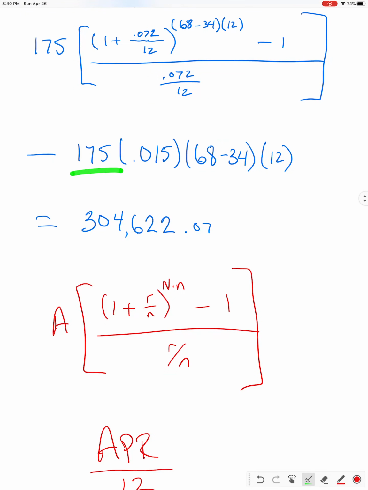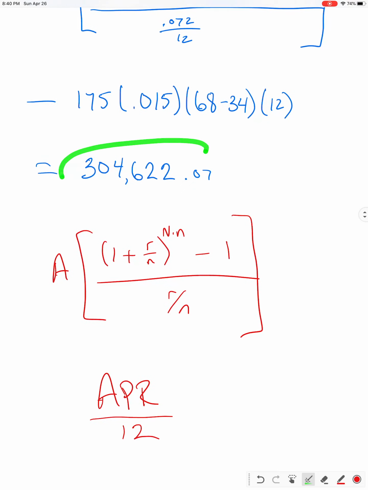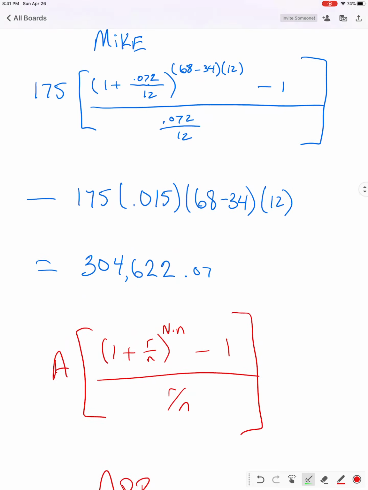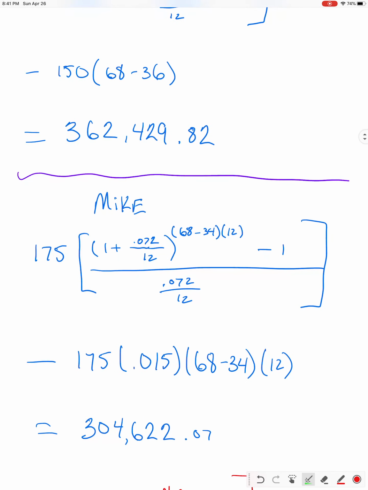So he's going to pay $175 multiplied by 0.015, so it's 1.5% of $175. And he's going to do that for 68 minus 34 years, and then multiply that by 12 because he has to do that each month. And I plug that all in my calculator, and he's going to have $304,622.07 when he retires.